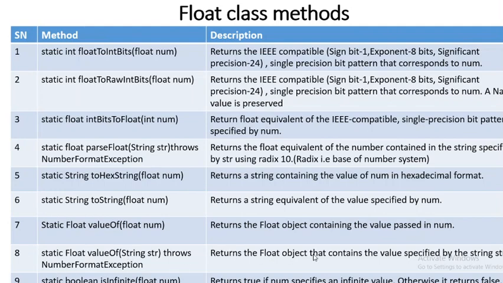So returns the float object that contains the value specified by the string str. Then return type is boolean, is infinite in bracket float num. Returns true if num specifies an infinite value, otherwise it returns false. Whatever the number you are giving as an argument, if that float number is infinite, return value will be true, otherwise it is false.